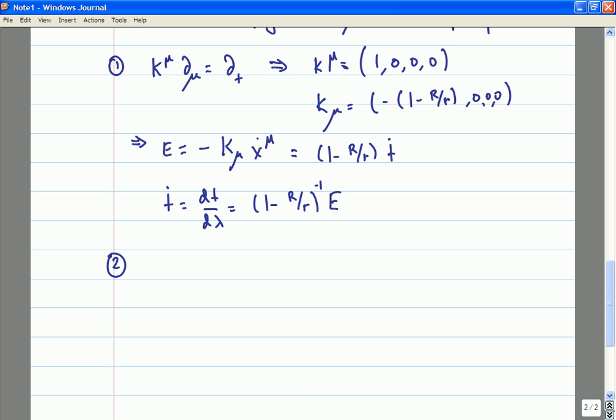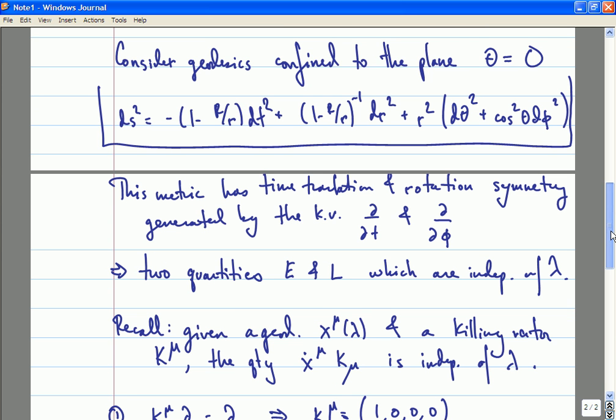Let's now compute the conserved angular momentum. So k^mu, in this case, is the vector which has a 1 in the phi direction. Let's lower that index. Let me scroll up here so we can look at this geometry. What is g_phi phi?